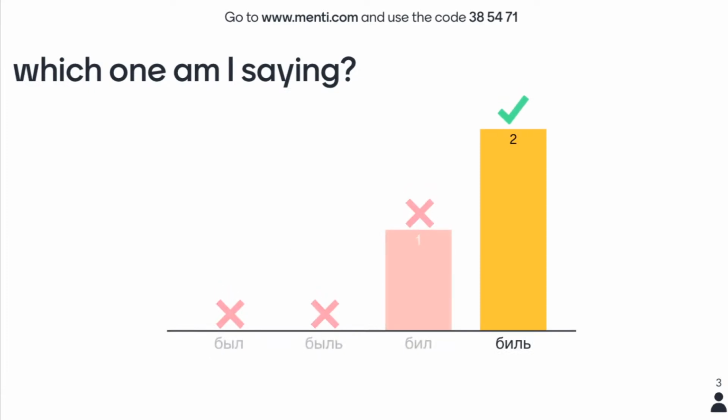Two of you did correct. It's биль, both of my consonants are soft. Now those of you who answered the third option, my last consonant l is hard when I pronounce the third one, but the correct one is биль.